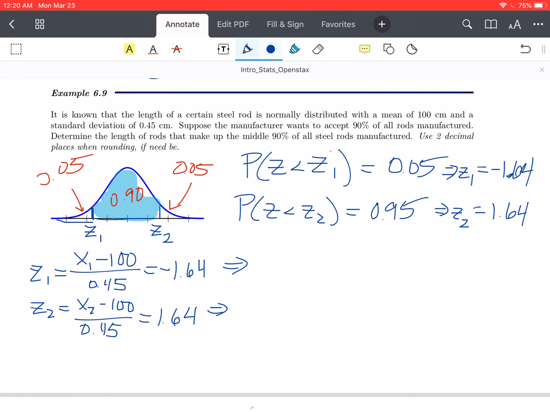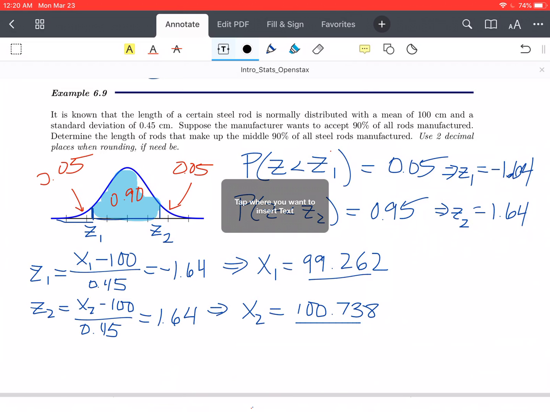So do the algebra on this. We get x1 is 99.262, and x2 is 100.738. We can round this to 2 decimal places, so 99.26 and 100.74.